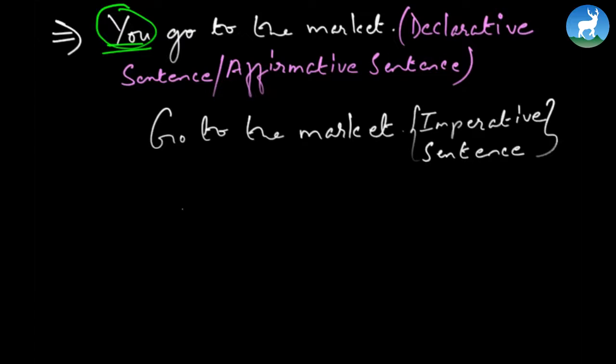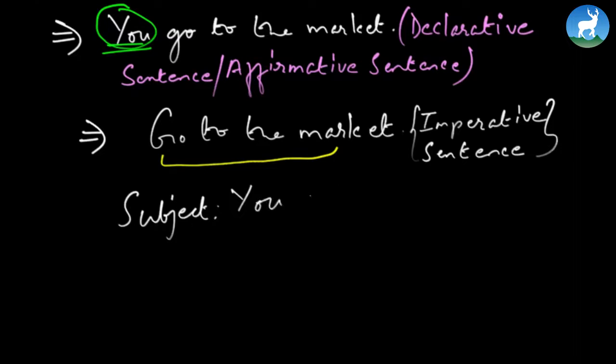But do understand, if the question is to find out the subject and the predicate here, don't forget that the subject here is hidden. Go to the market, just that you is hidden. If you omit you and make another sentence, go to the market, this becomes an imperative sentence, but of course here the subject you is hidden. We'll have to understand it that way.